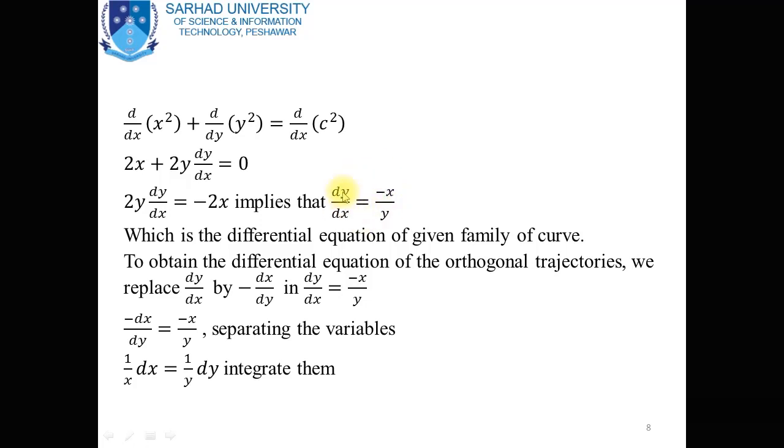So now find the differential equation of the required orthogonal trajectory. Replace this dy by dx by minus dx by dy. We get minus dx by dy is equal to minus x by y, and now by separation of variables, we can write 1 over x dx is equal to 1 over y dy.